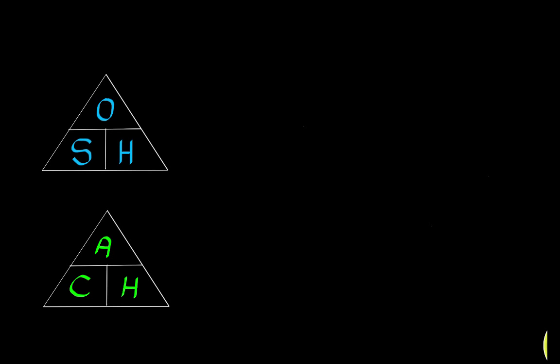If we look at the SOH triangle, then the S stands for the sine of the angle, and we've already used a sine button and we know what the sine is, so that's what the S stands for.